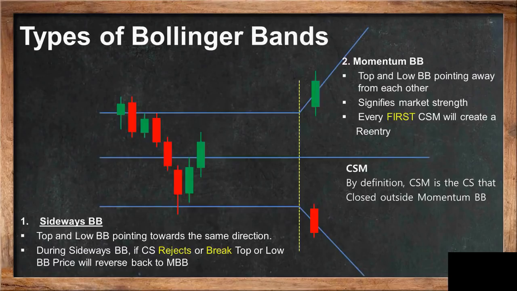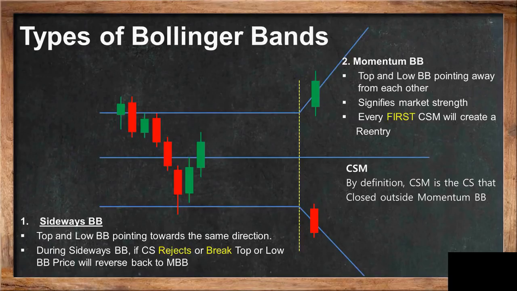So there are two types of Bollinger Band. First is the sideways Bollinger Band. Before we talk about this, we need to understand how we define and identify the sideways Bollinger Band. The market is not as perfect as this illustration I have in front of you.